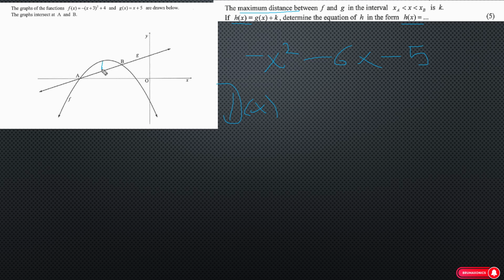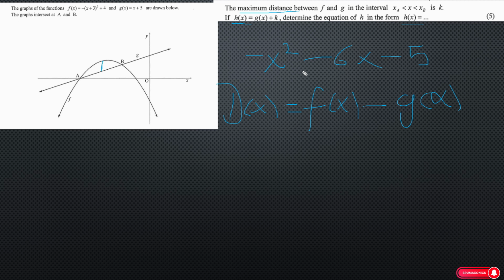So now let's think about it. What if we say the distance between the two graphs, as given, the value k, will be f of x minus g of x? So this will definitely give us the distance, or the value of k. Let me change the color.